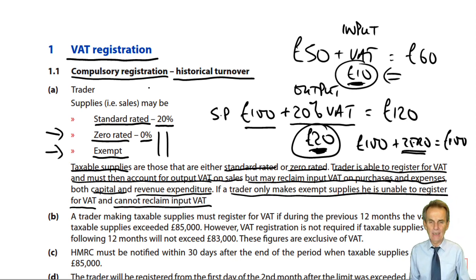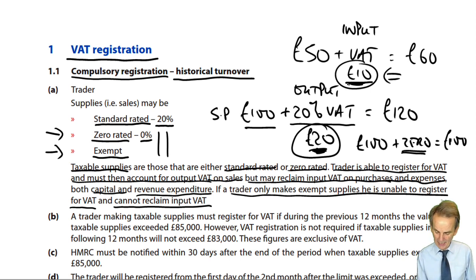But if we have here zero rated sales, but we've still got a standard rated input, think what that means. On those two transactions in a VAT return period, we've suffered input VAT of £10 on our purchases, while having to charge no VAT. It is at a zero rate there, no VAT to be paid over to us by our customer.